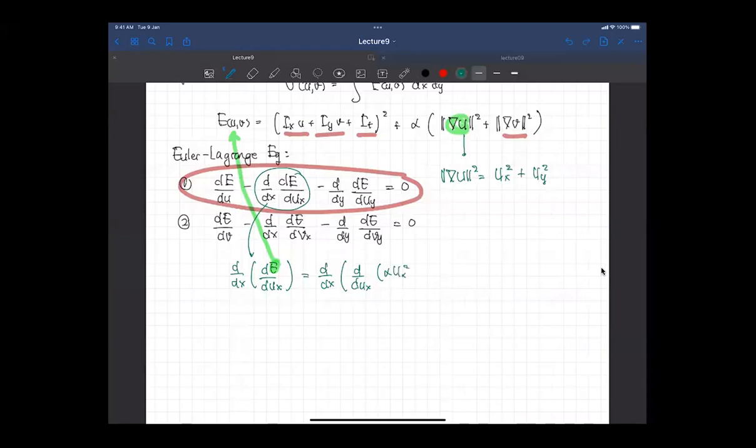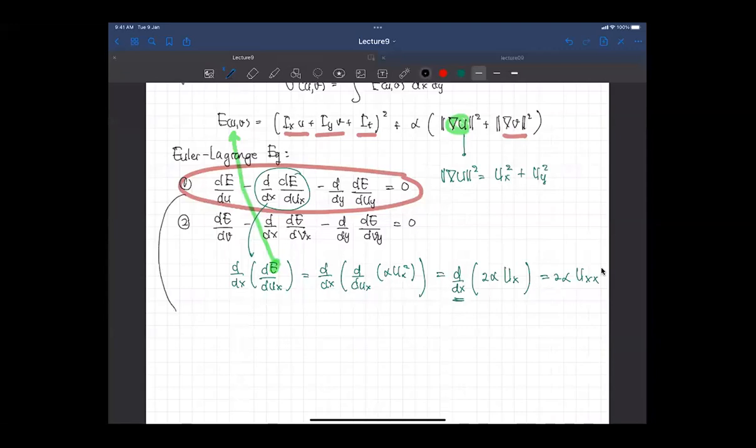Yeah, this is ux squared, then d/dx of 2 alpha ux. And you have to do the derivative with x: 2 alpha uxx, the second derivative of u. Any question, anyone here? So that's for that particular term.